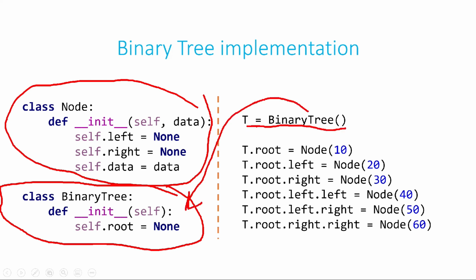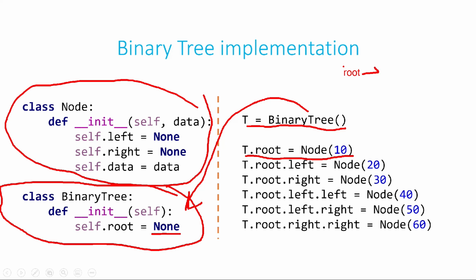As soon as we write t = BinaryTree, it will invoke the constructor of BinaryTree. It will create an instance variable root, which is currently referencing None. In the next line, we are creating a node with the data as 10, and its reference we are keeping in the root instance variable.